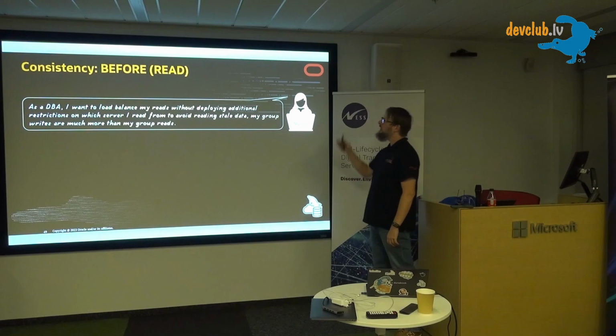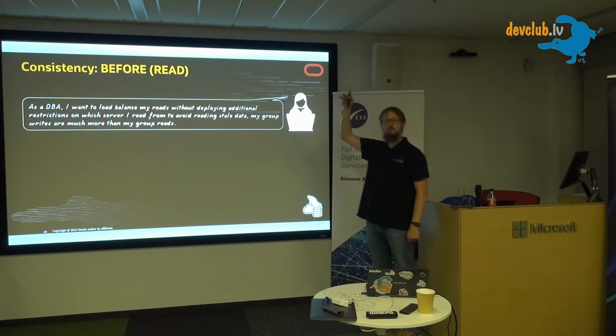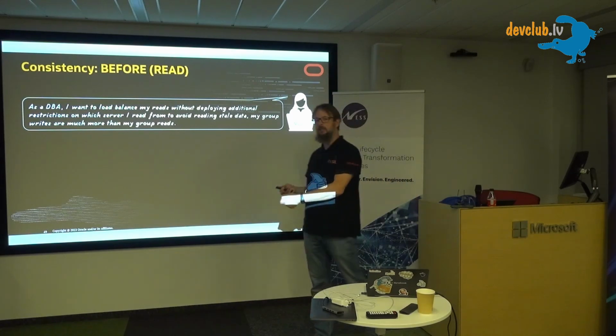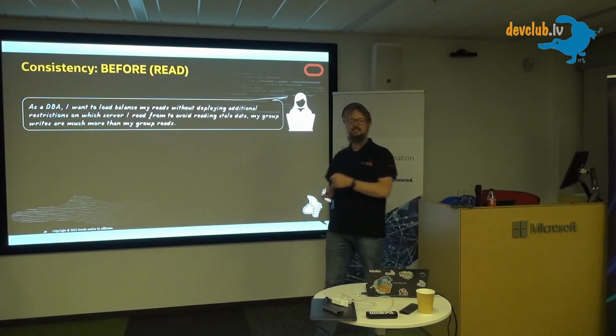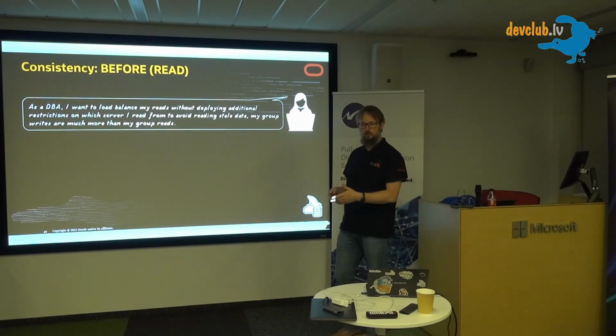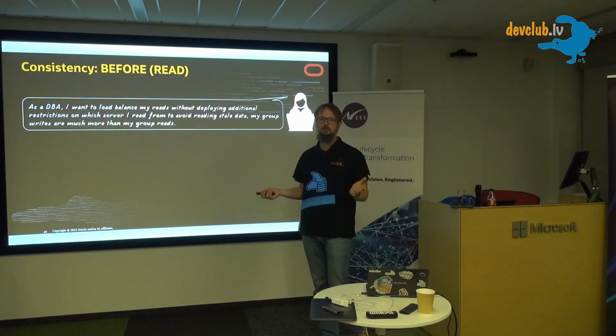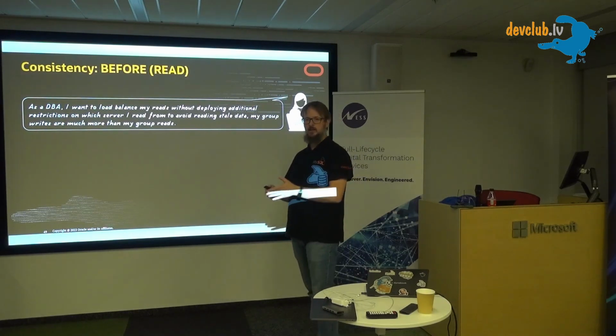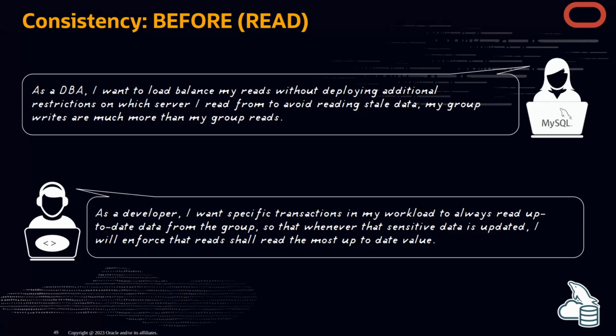What can I do? I will use before. So before I read, I want that when I do my read, everything is synchronized. I say to the cluster, if I need to wait 2 milliseconds for you to finish the write, I will do it. Let me wait a bit, so you pay a big price at read, but you are sure that you read all the data.